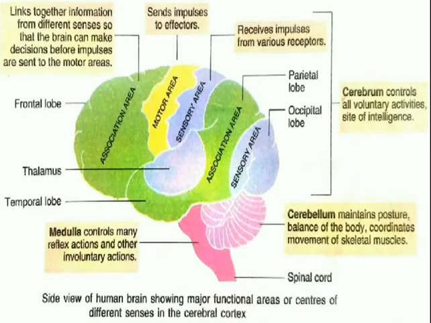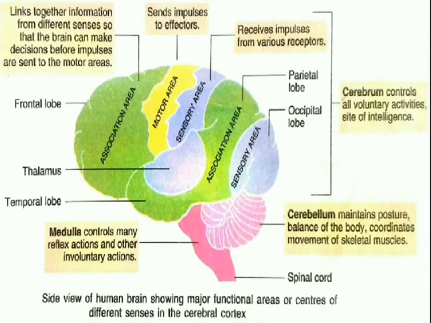Now, whatever functions you have read in the previous slide, let us recall them with the help of this diagram. You are seeing the cerebral hemisphere showing the sensory area, motor area, and association area, and the various lobes of the cerebrum part of the brain.